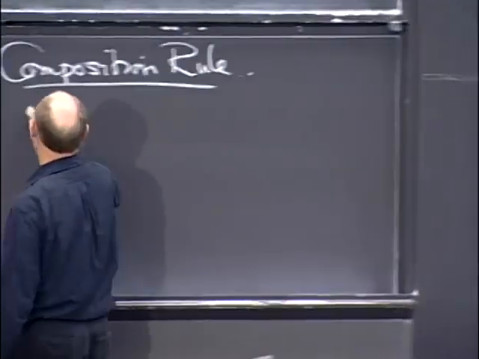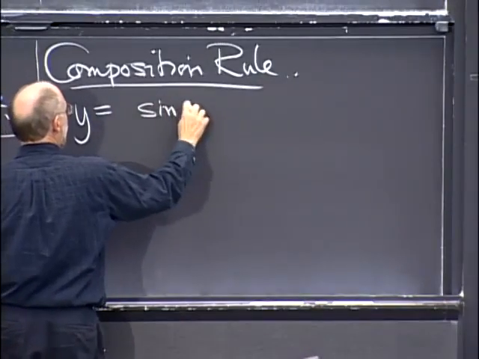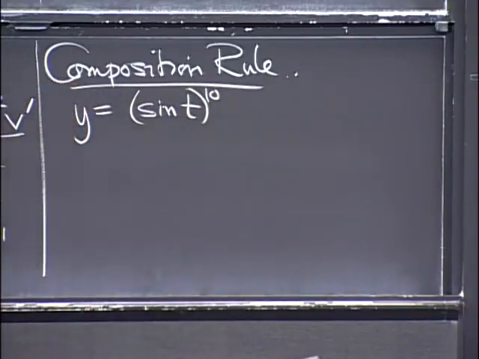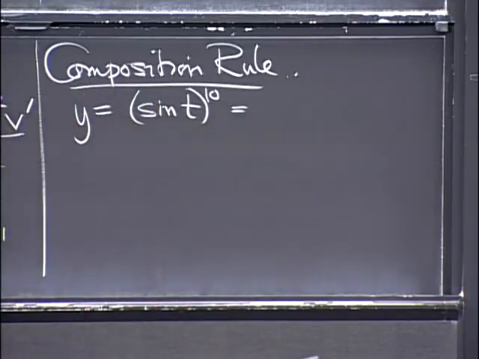So the kind of function that I have in mind is, for instance, y is the sine of t raised to the 10th power. That's a new one. Haven't seen how to differentiate that before, I think. This kind of power of a trig function happens very often. You've seen them happen as well, I'm sure already.